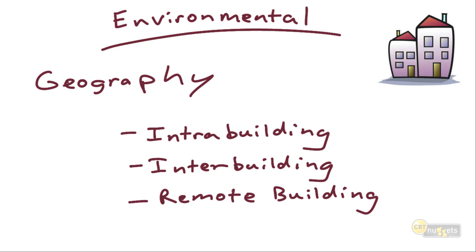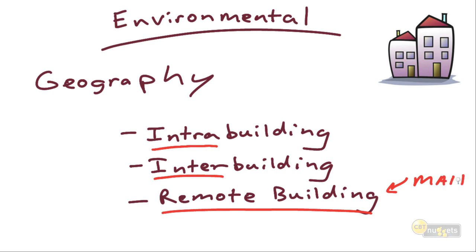Now, the last category of overall design factors for the enterprise campus would be environmental. Take, for instance, geography. Yeah, we typically recognize designs that are going to be intra-building as opposed to designs that are inter-building, as opposed to designs that are going to incorporate some remote buildings. We know the particular term for that type of an environment is a metropolitan area network. But think about it. Whether you're dealing with inside buildings or between buildings is definitely going to influence the elements of your design.